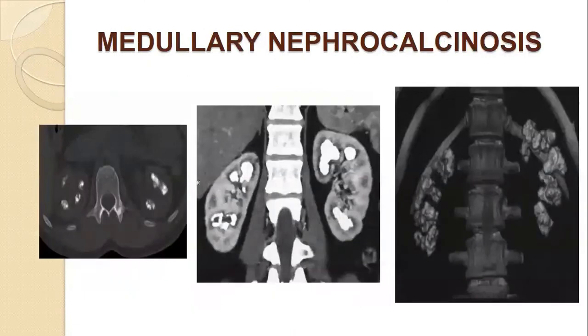What is nephrocalcinosis? Anyone? I said at the beginning also that it's an interactive session rather than a lecture. The renal interstitium or the renal parenchyma. Okay, yes, Dr. Bilal.